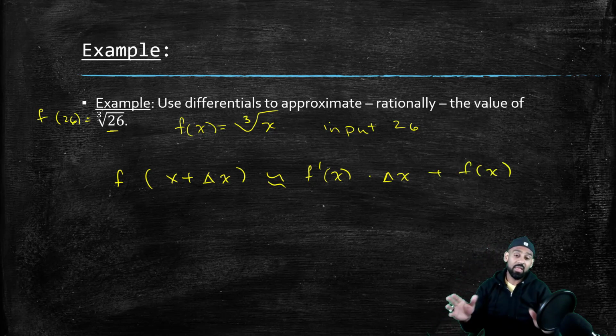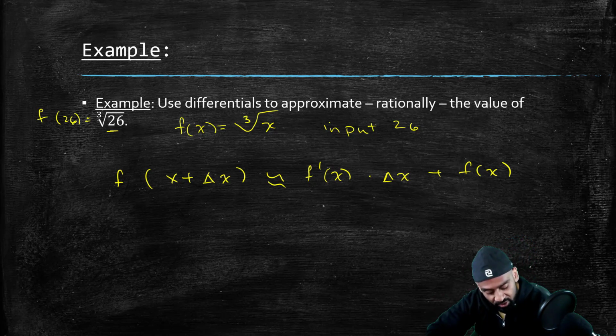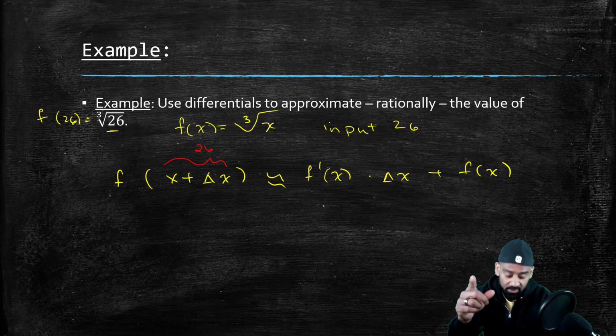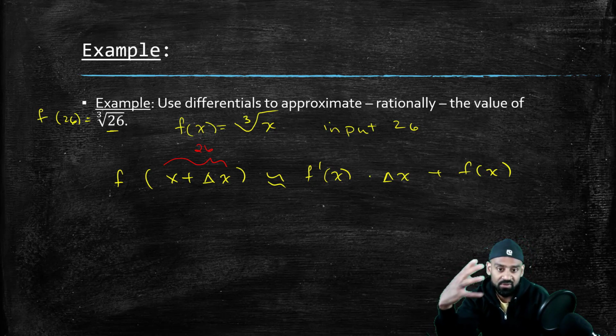This is the very last thing we talked about, so look at the last video if it is unclear. Okay, so I'm going to show you how this works. This answer needs to be 26. But because I'm using the cubing function, I want the input to be something cleaner. So I'm going to say, let's call x 27, and the change in x is now minus 1.